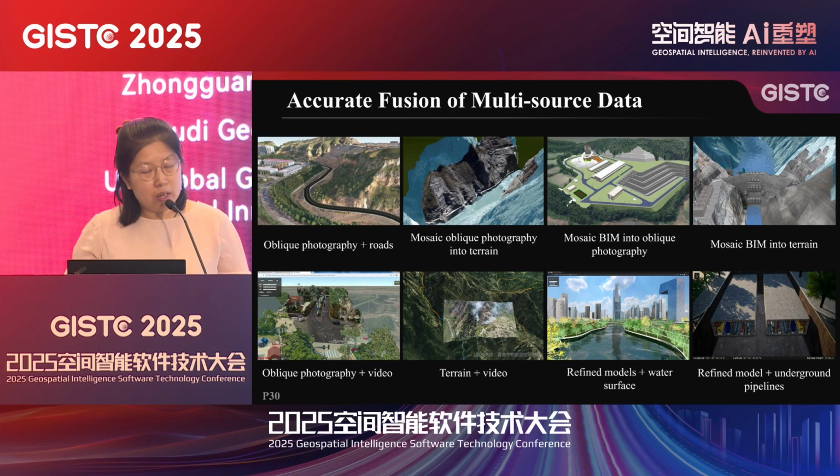SuperMap can integrate this data into our platform, and then we can process and fuse them to enhance each other for more informed decision-making in urban planning, infrastructure development, environmental management, and so on, by providing a realistic, detailed representation of spatial environments.